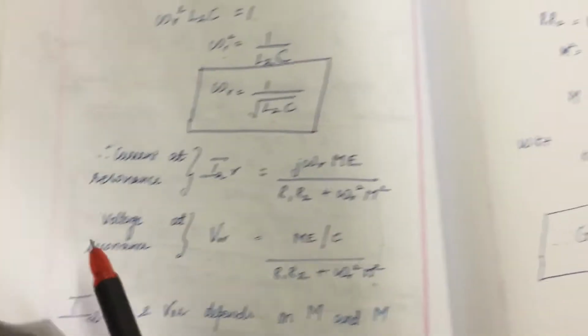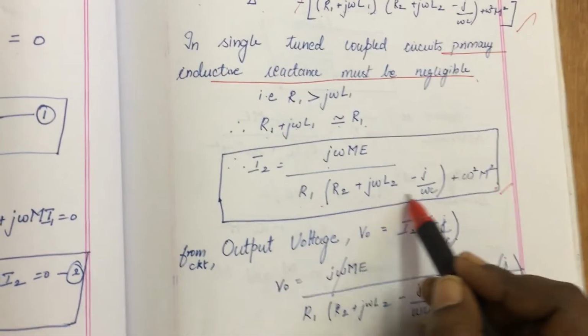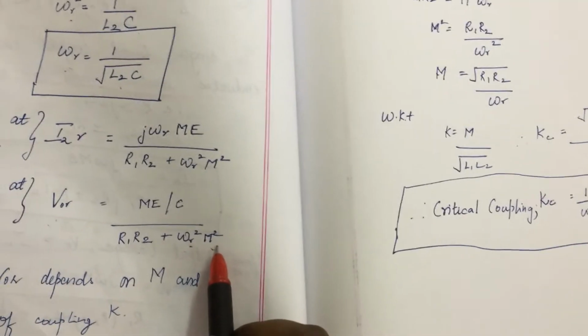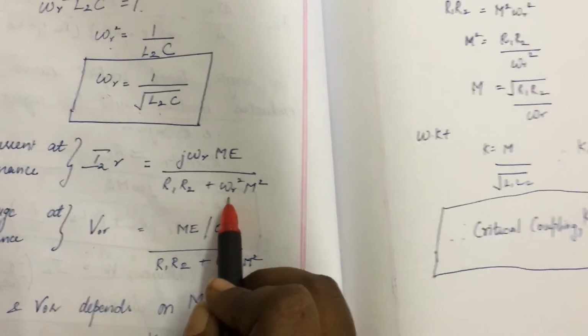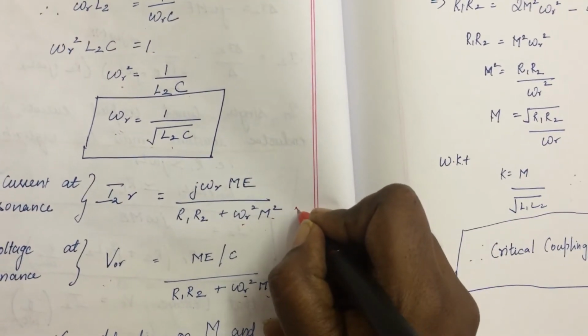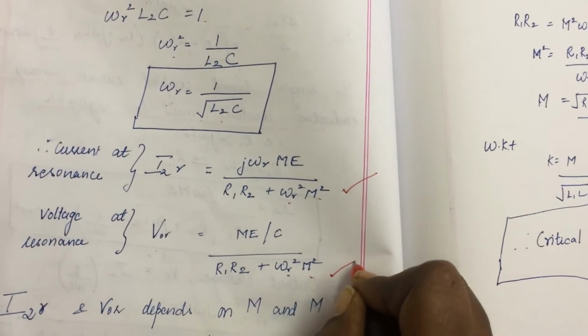Similarly, for my I2, this entire term will become omega R square into M square. So I have obtained my current I2 at resonance and voltage at resonance.